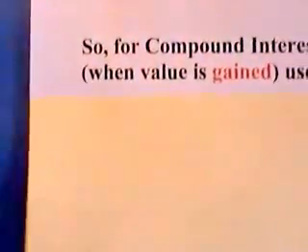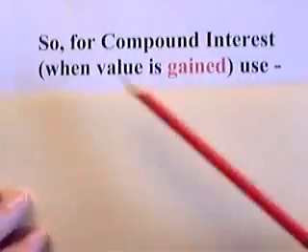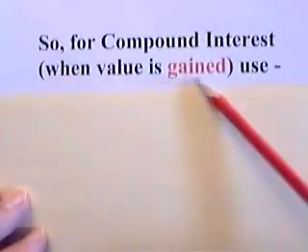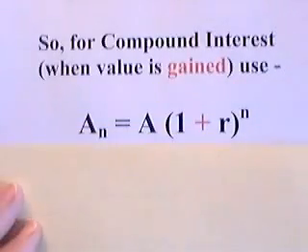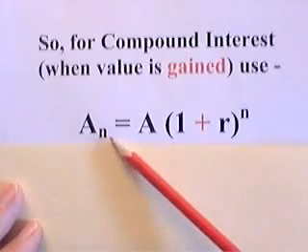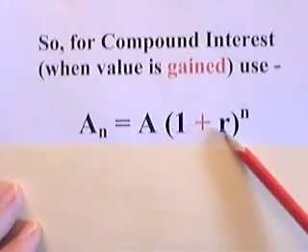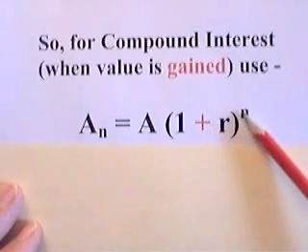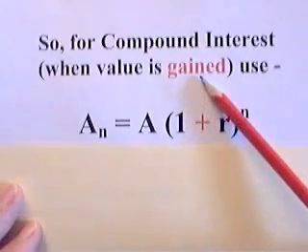we can do this. We can say this. So for compound interest, this is when value is gained, we use that formula with a plus sign. Okay? The amount after n years, the original amount, percentage compound interest, n number of years, but this is plus because value is gained.